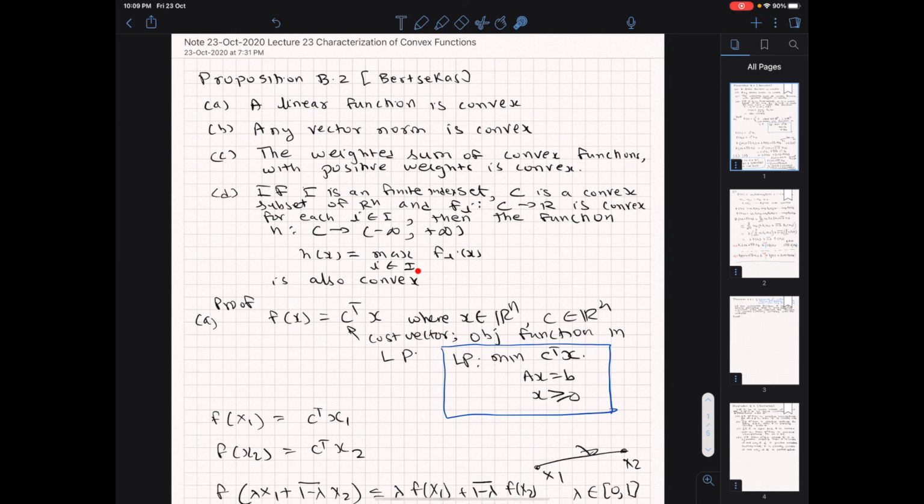So that means if you had, say, an index set of 5, suppose the index set was, let's say, 1, 2 and 3, then h of x would become max of f1 of x, comma, f2 of x, comma, f3 of x.